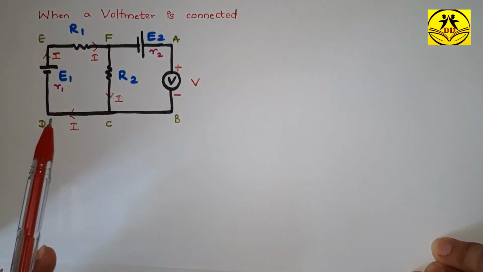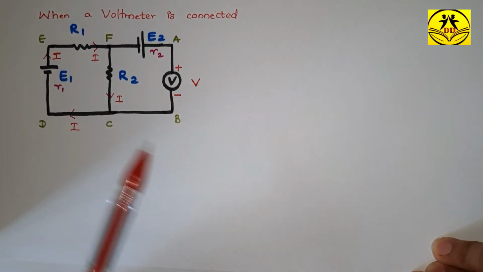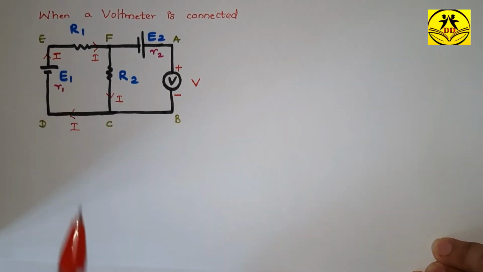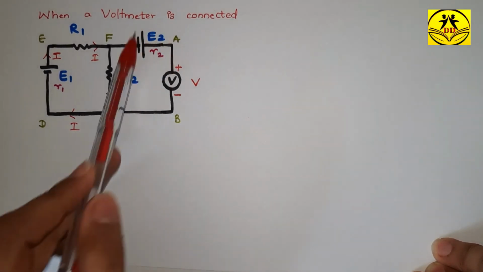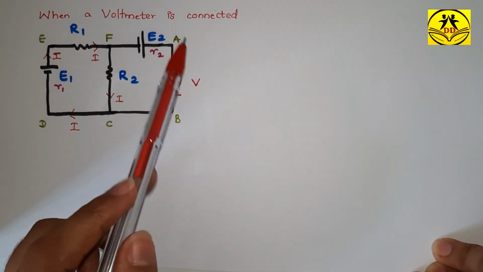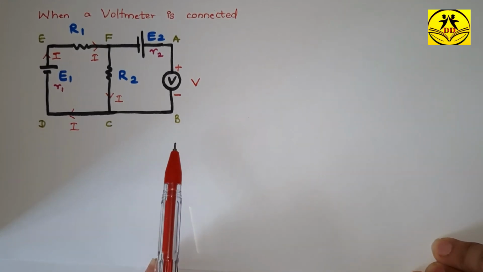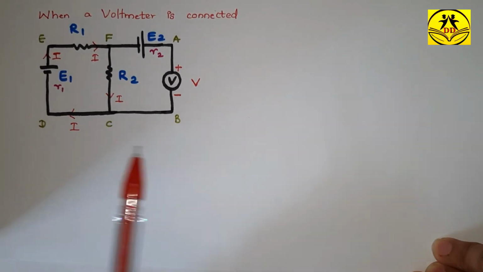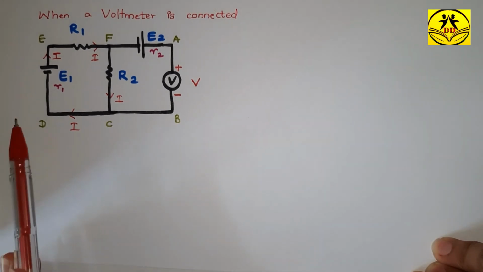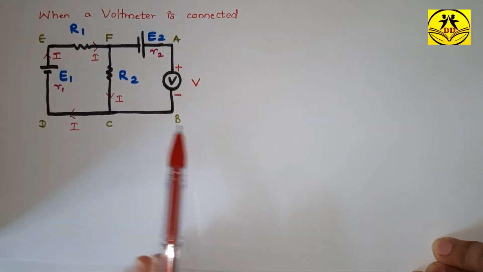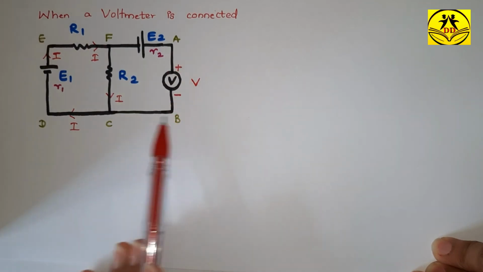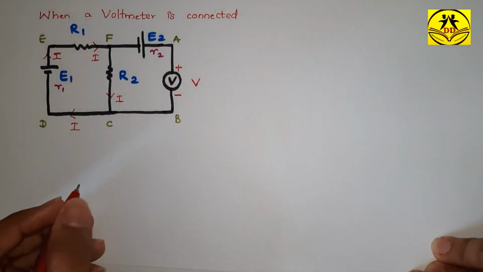But in questions, they might give you certain data and ask you to find the EMF of this cell. In such cases, you have to apply Kirchhoff's laws. Consider applying Kirchhoff's law to this loop, DEABD. I'll show it here.